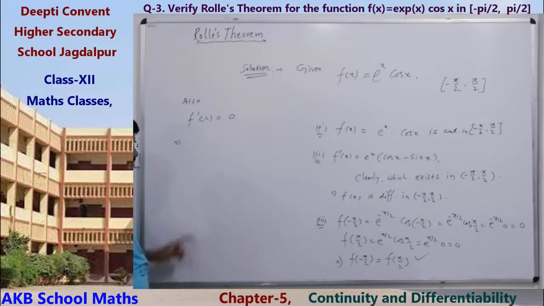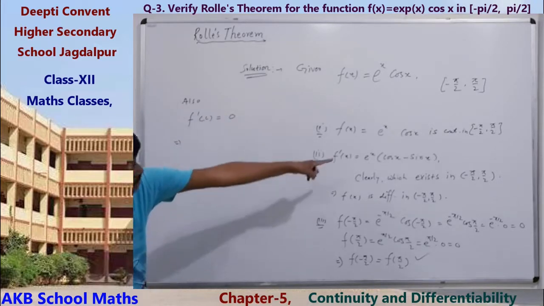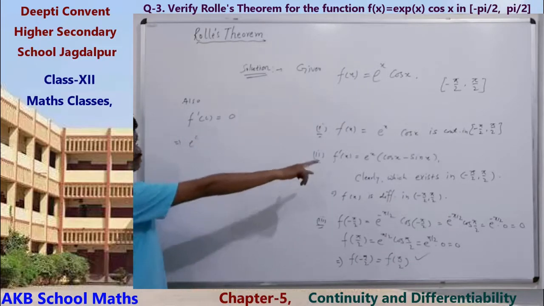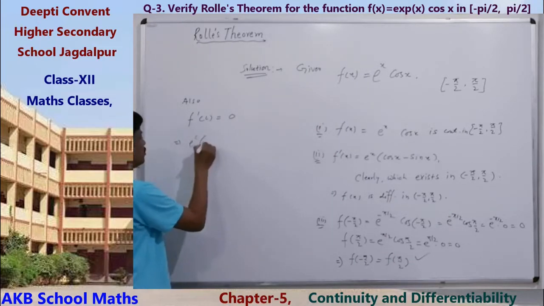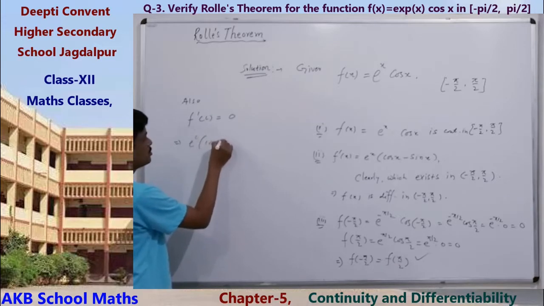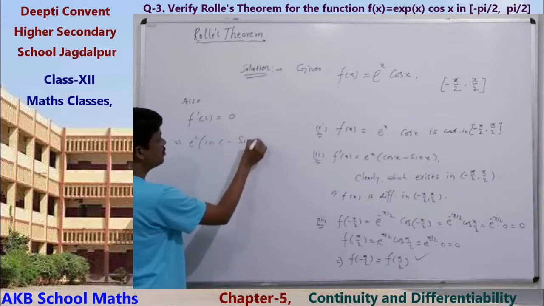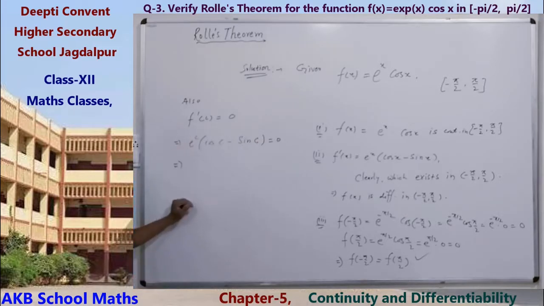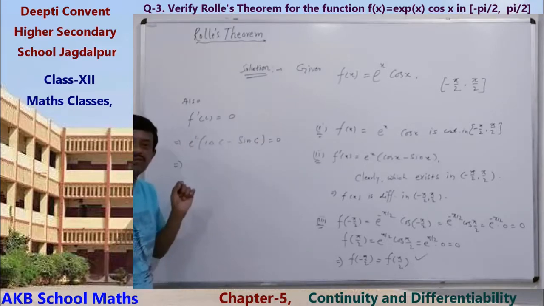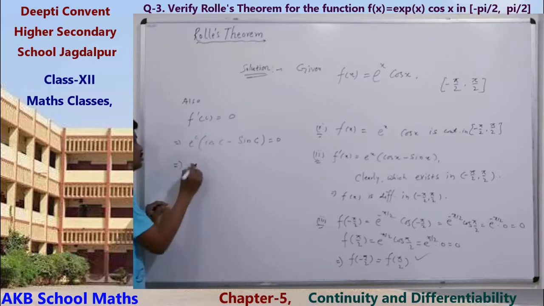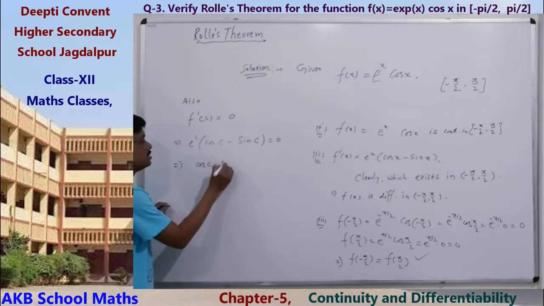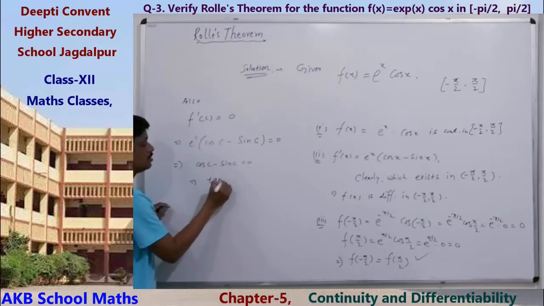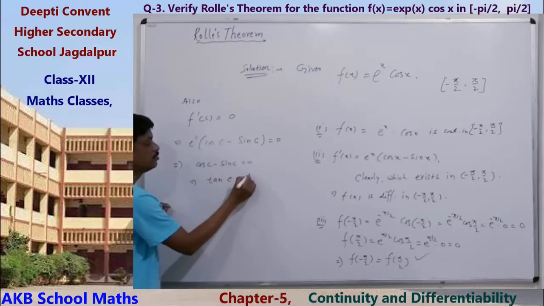F dash c means the derivative: e to the power c cos c minus e to the power c sin c equals 0. We know that e to the power c is not equal to 0 for any value of c. So cos c minus sin c equals 0, that is tan c equals 1.